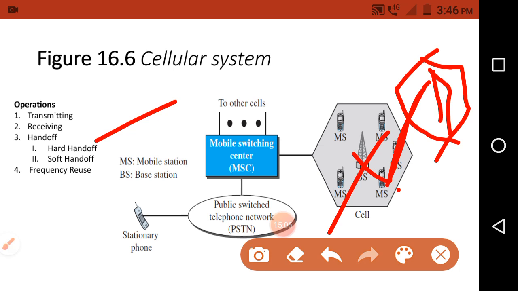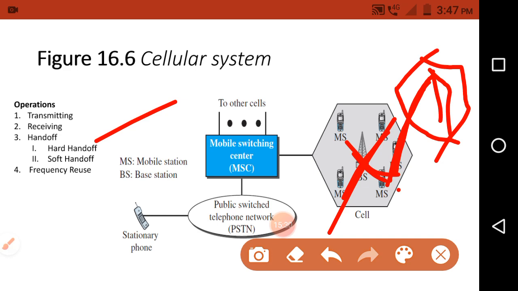The mobile station can communicate with only one base station at a time, so that is what we call a hard handoff.